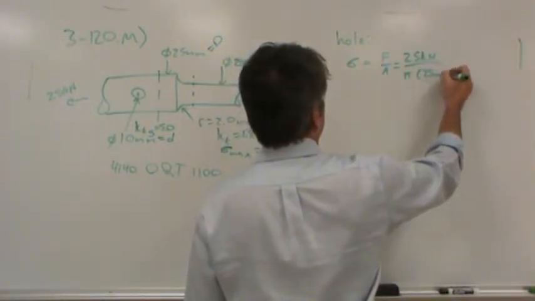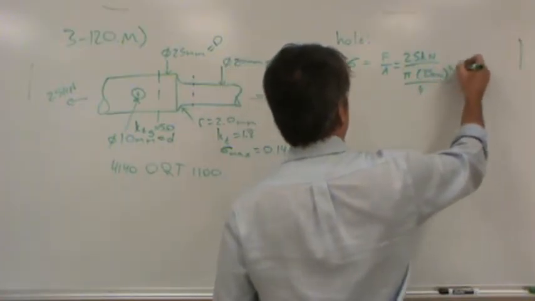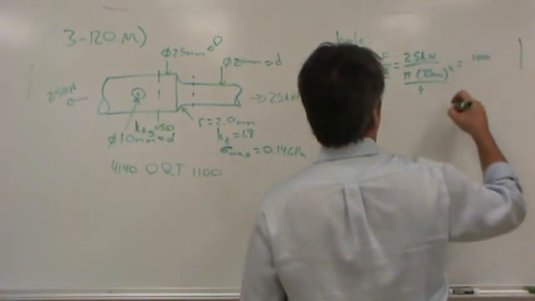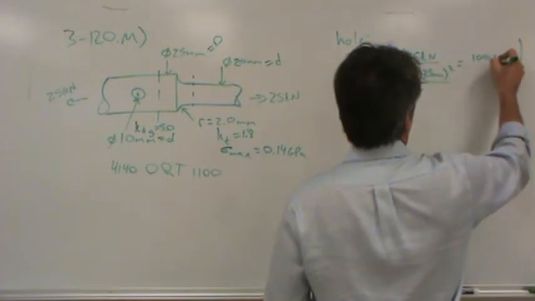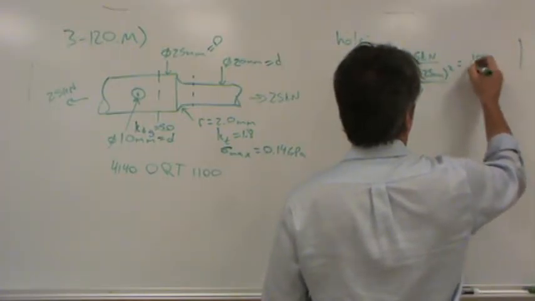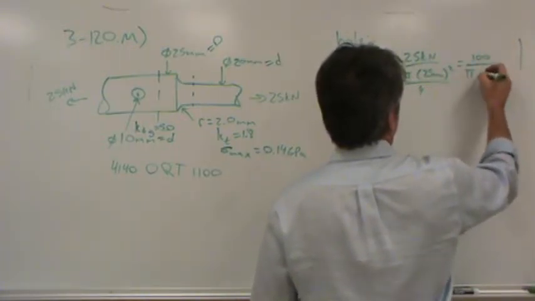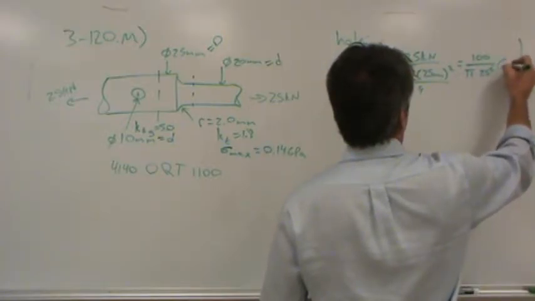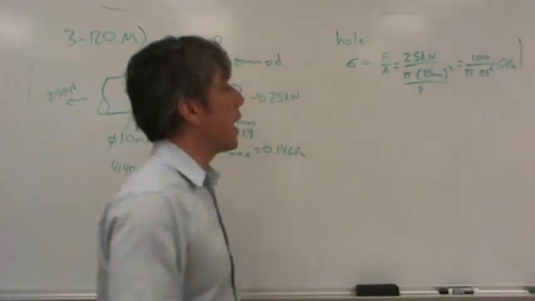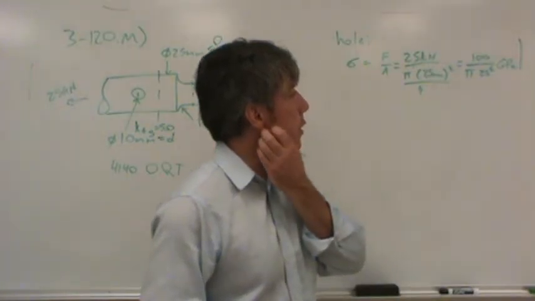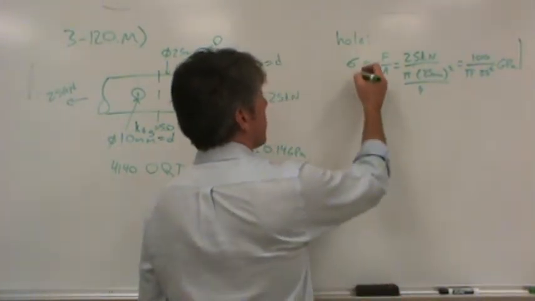Diameter is the only thing that changes. So this is 100 over pi, 25 squared gigapascals. Of course, if you still had the 100 over pi over 20 squared in your calculator, you can come up with the stress here pretty easily.